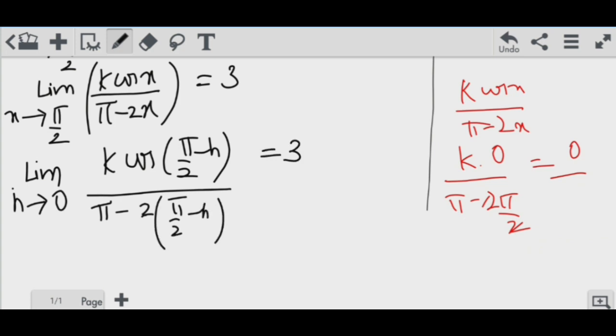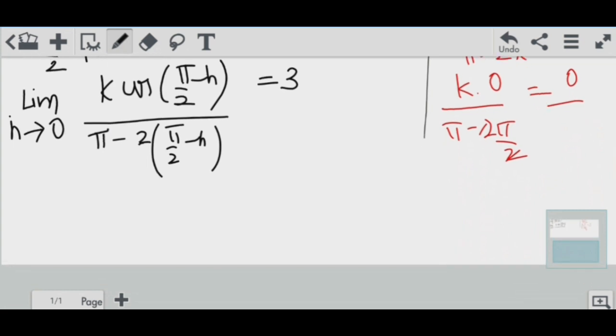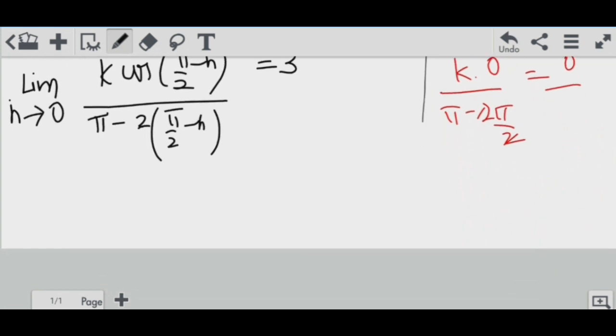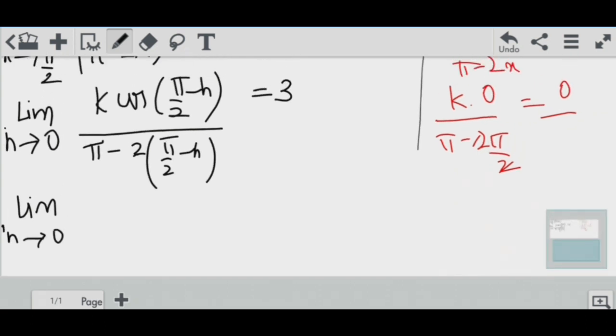This is as it is 3. So this could be the limit as h tends to 0 of k cos of 90 minus theta.